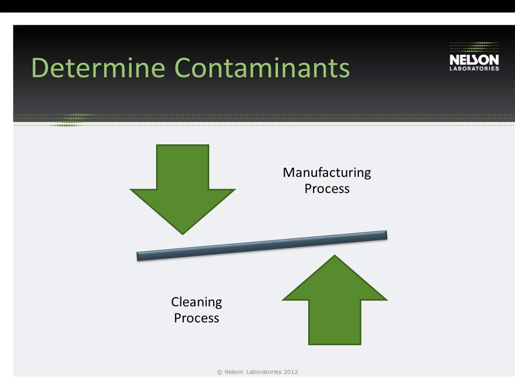And also residues from the cleaning process: detergents, alcohol rinses, what's coming in contact with the device that could be left behind. And then once we get that list of potential contaminants, we divide them into groups based on their solubility in water. And so these contaminants are either going to be water soluble, non-water soluble, or insoluble debris.